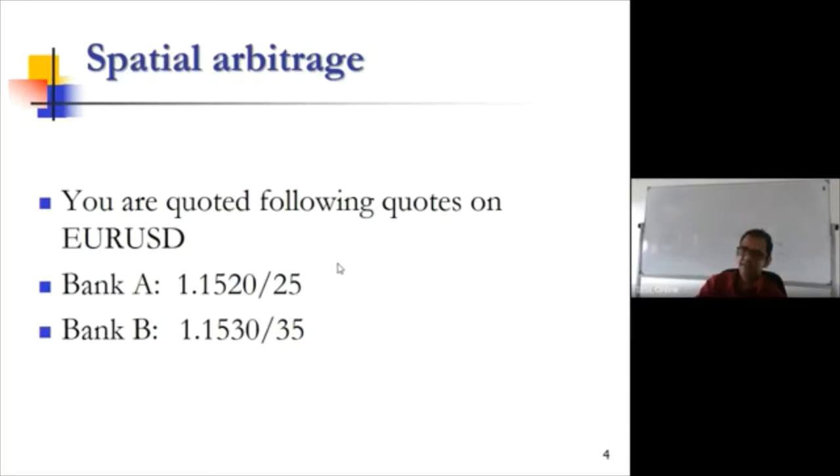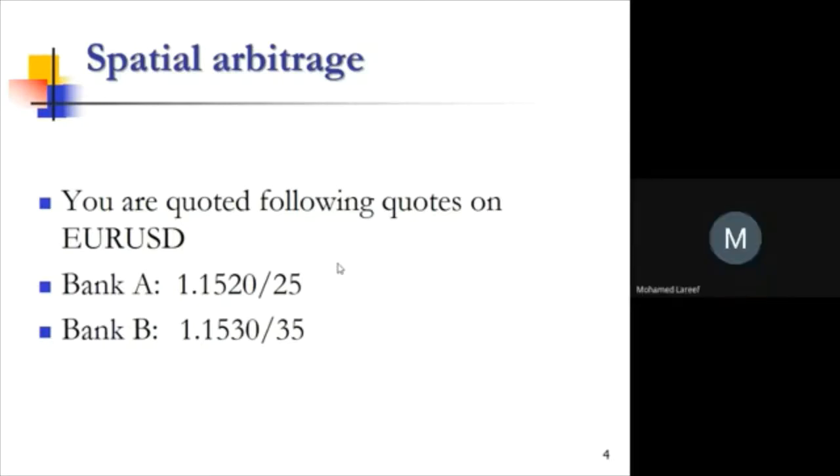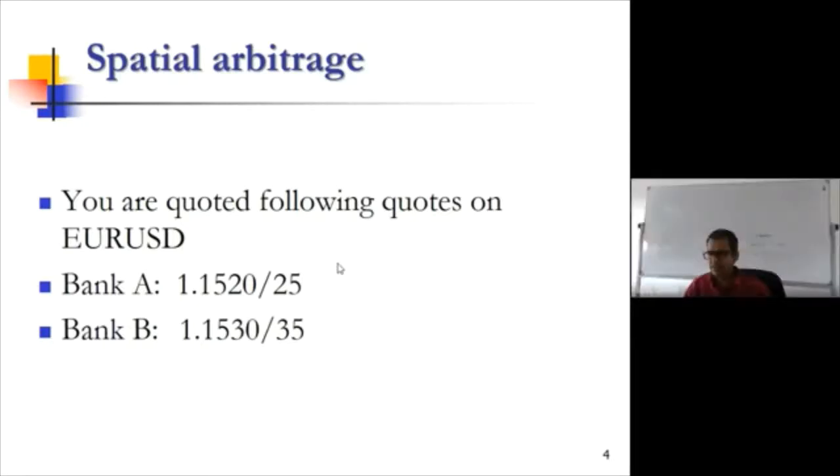Say, for example, you are quoted the following two quotes by two different banks, Bank A and Bank B, on euro dollar: 1.1520/25 and 1.1530/35. When you see these two quotes, what can you recognize? These are just spot quotes by two different banks.